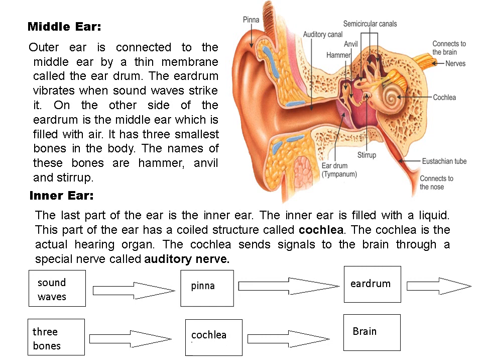The pinna collects the sound waves from the air around. The sound waves then travel along the ear canal. As it is obvious from the label diagram that the pinna and ear canal are the parts of outer ear, the shape of the pinna is such that it can collect maximum sound waves.